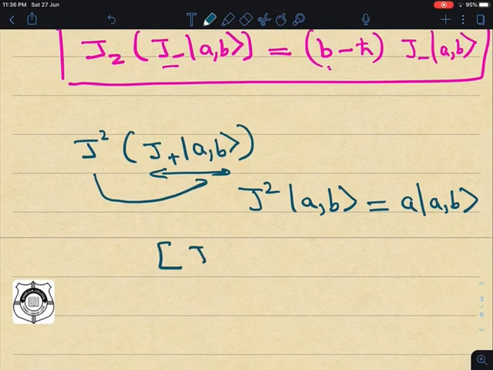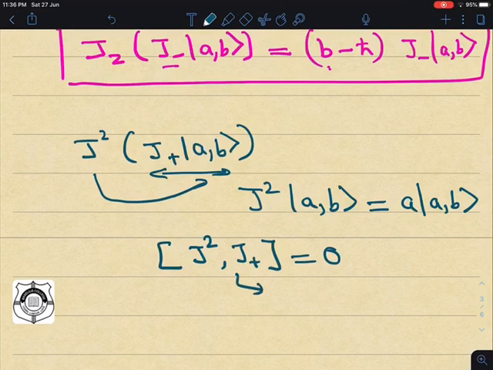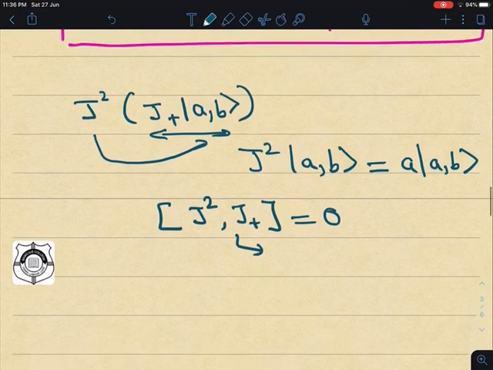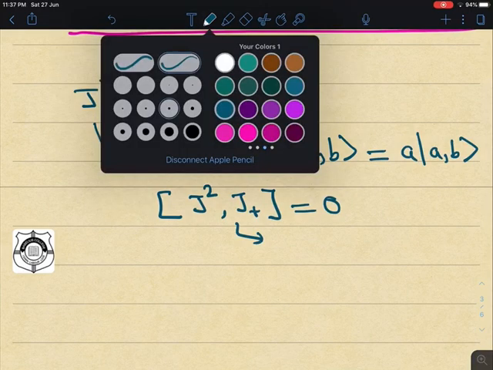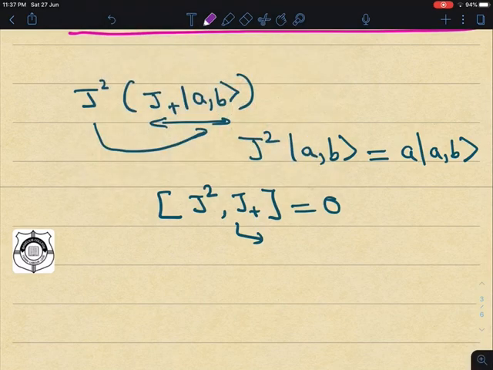Making use of this relation, we also know the commutation relation: J square commutes with J plus, so the commutator is equal to 0. As in the previous steps, you have to expand this commutation relation.